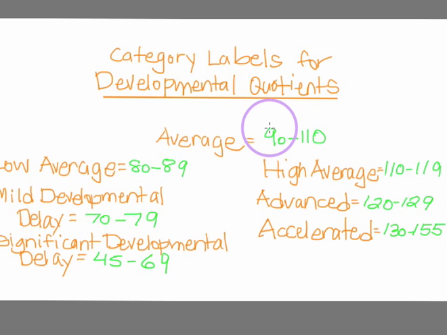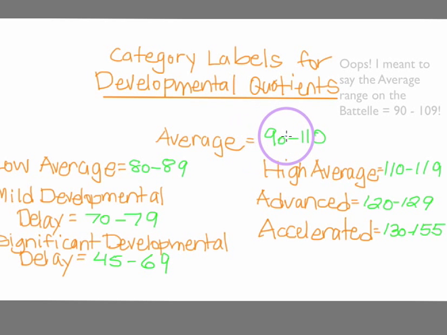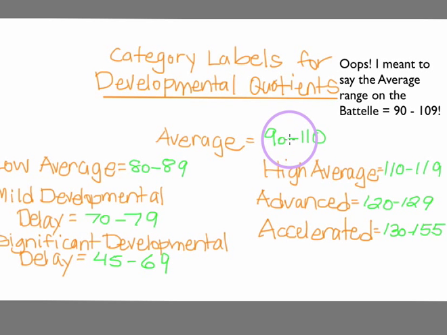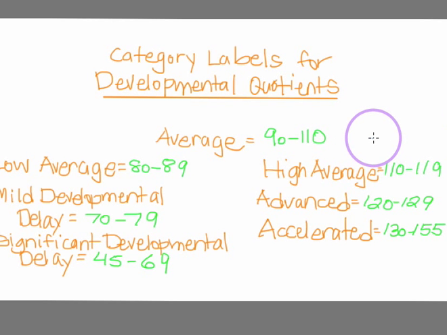According to the Battelle, an average score is between 90 and 110, and I'll tell you that's very standard across the board on many different tests, because that's where 50% of the scores will fall on a normal curve with a mean of 100 and a standard deviation of 15.